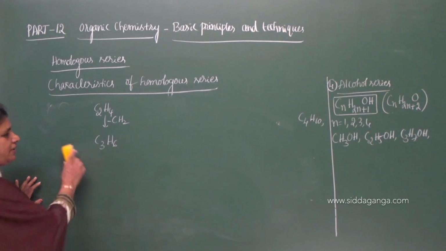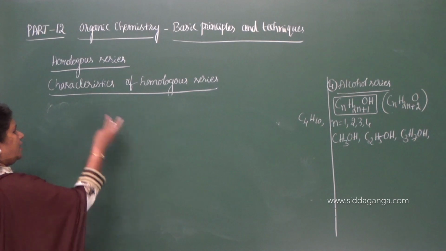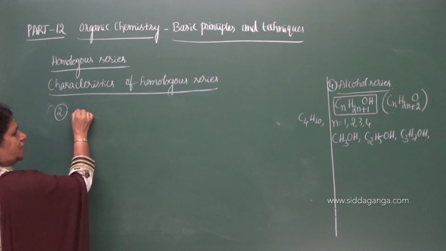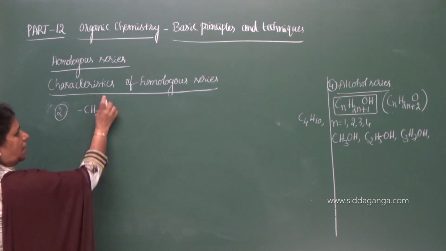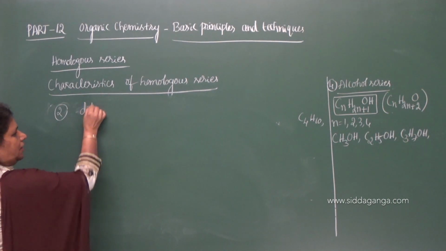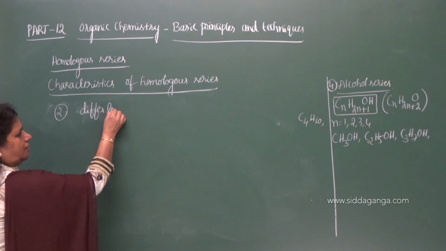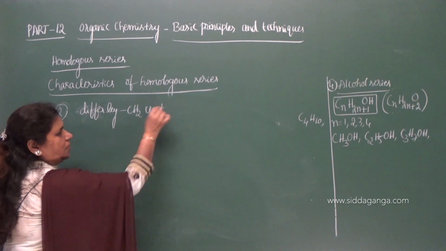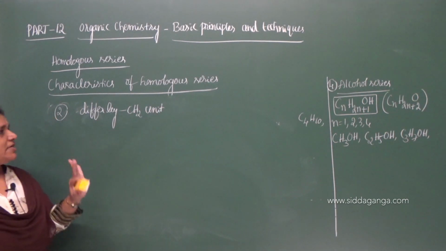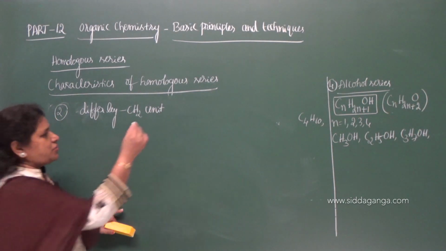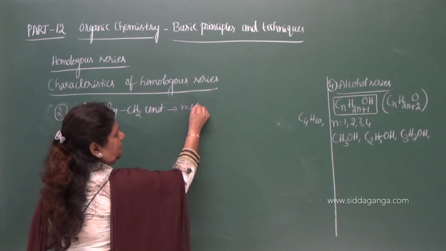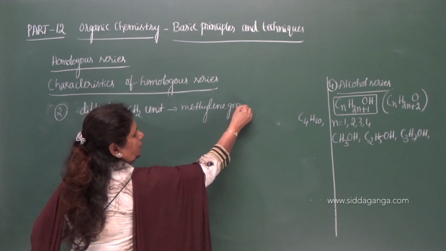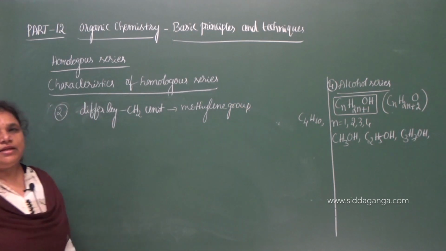So every successive member in a series differs by a CH2 unit, a methylene group.